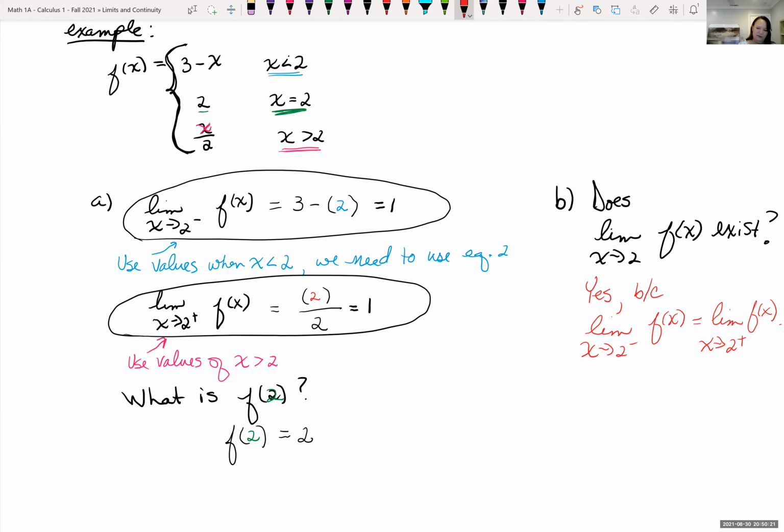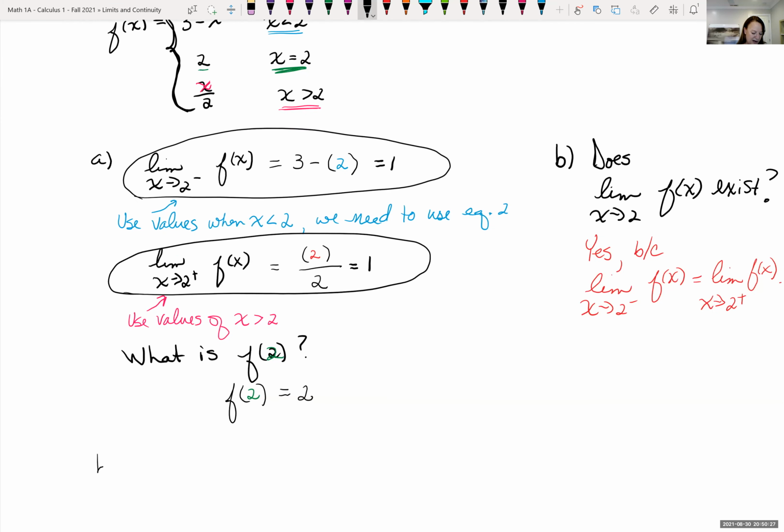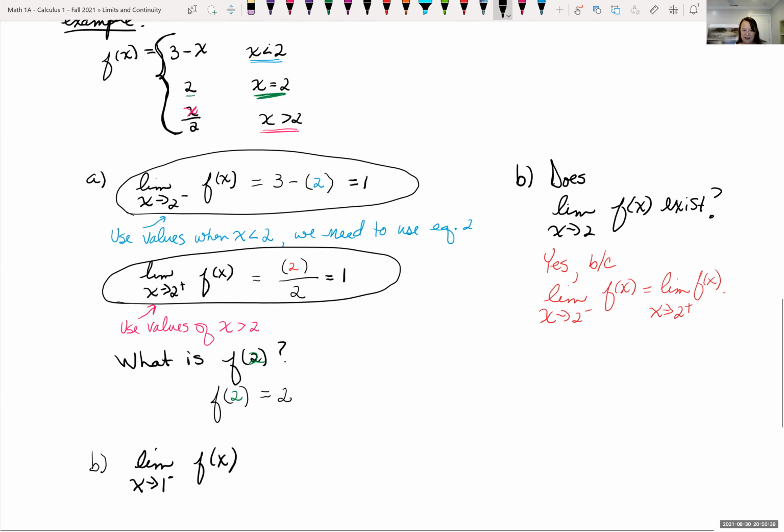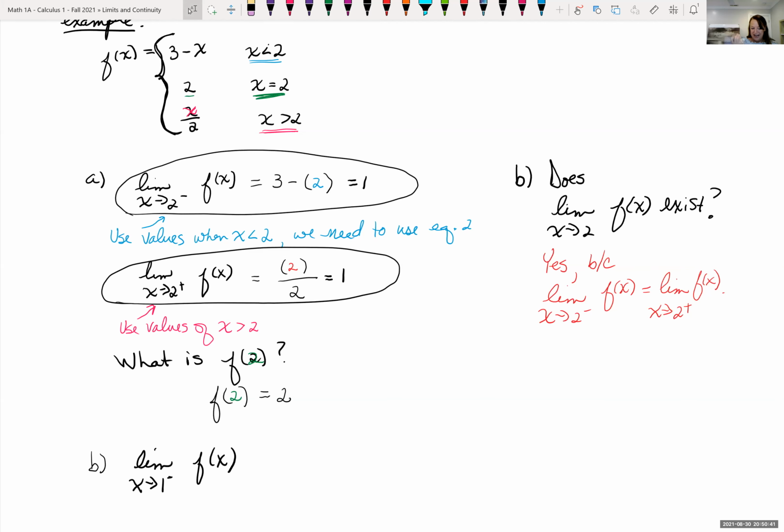What if, just really quick, we looked at the limit as x approaches 1 on the left? If that's not an endpoint of our inequality, then we don't really have to worry about which equation we're using for the left and the right.